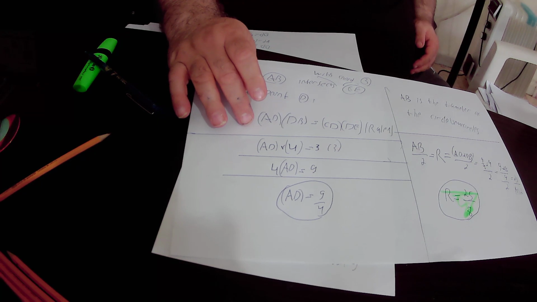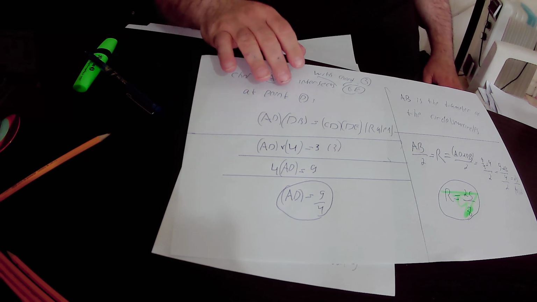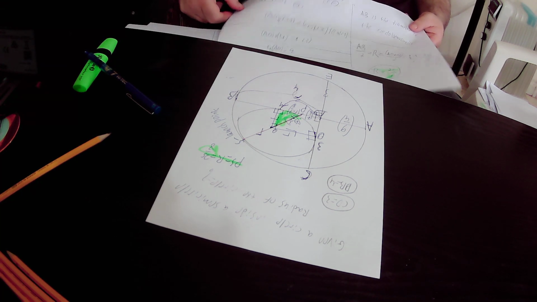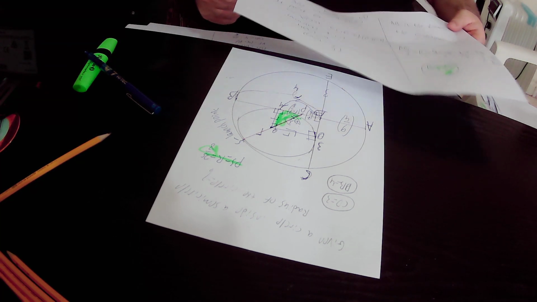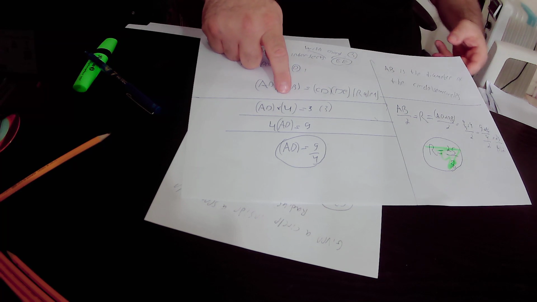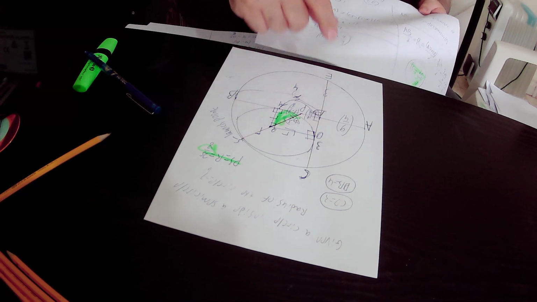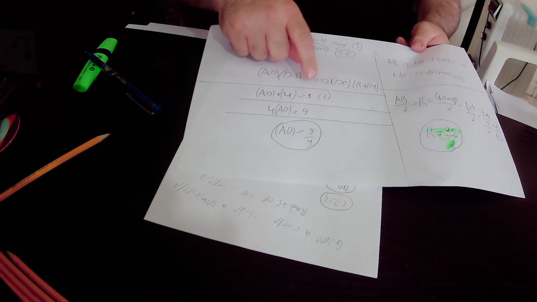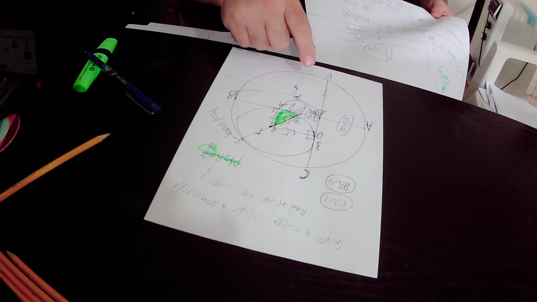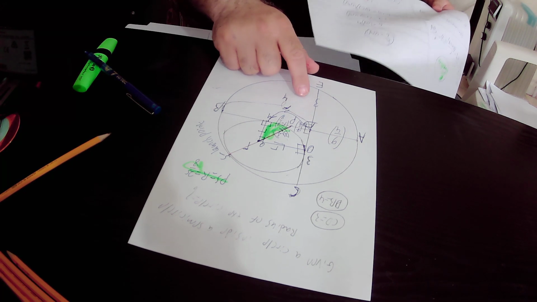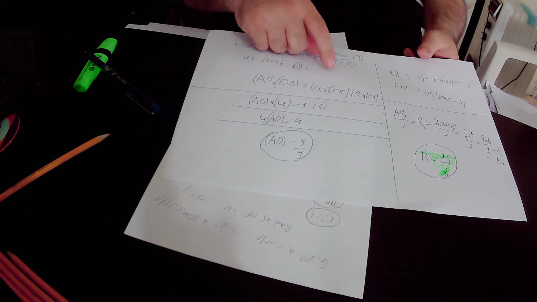AD is the missing line segment. DB equals 4 units according to what is given in the question, so we substitute DB by 4. CD equals 3 units, so we substitute CD by 3, and we found by symmetry that DE also equals 3 units.